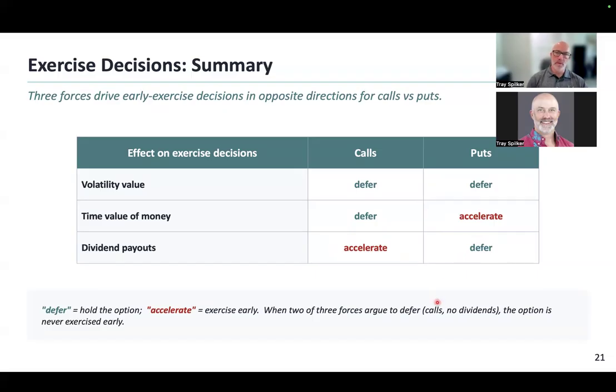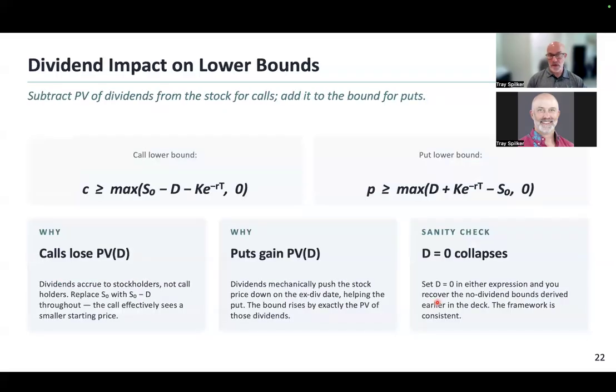And so what do these dividends do to the put call parity condition? Well, it enters the lower bound equations as follows. For the call option, it enters between the strike price and the share price. Specifically, you can think about the dividend being a drag, hence the negative sign, on the underlying share price, and so it enters as a negative sign here for the call option.